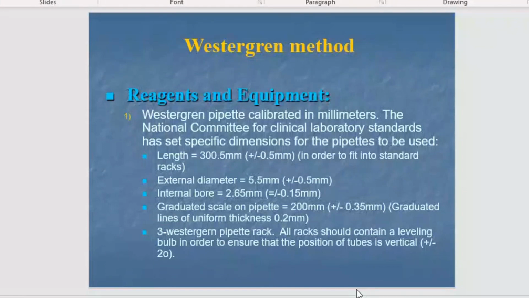Then three Westergren pipette racks we have to take. All racks should contain a leveling bubble in order to ensure that the tubes are vertically arranged. So you have to see that they are vertically arranged.